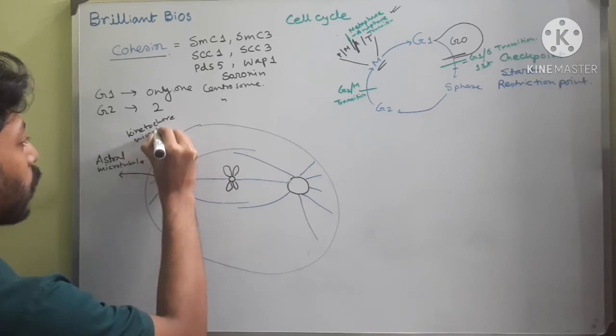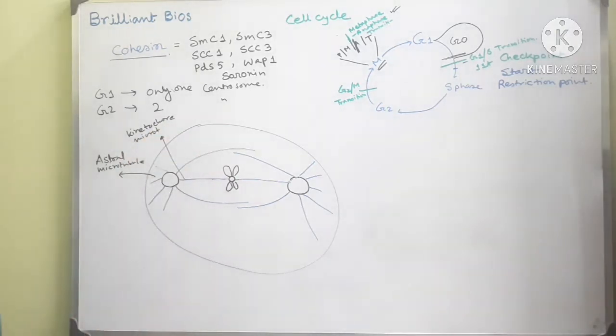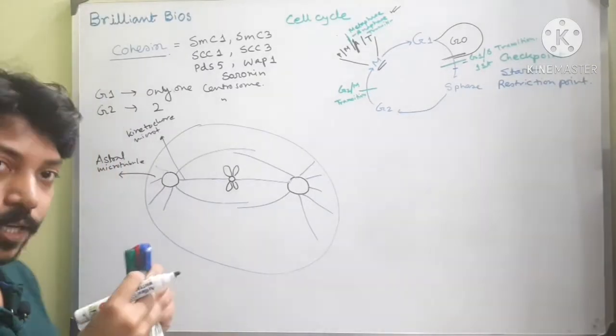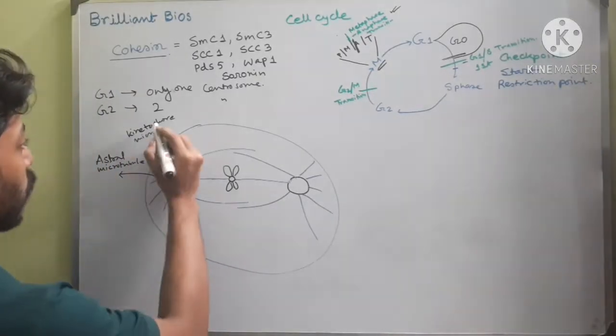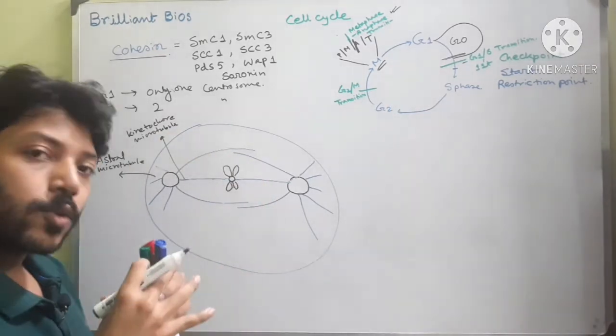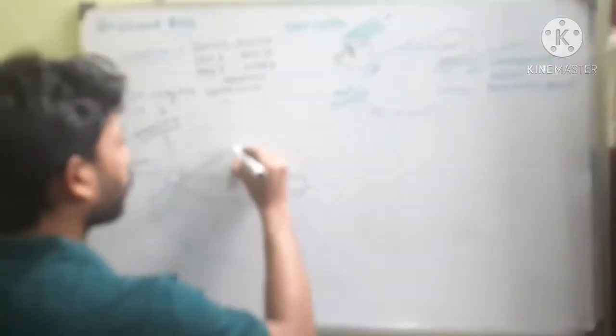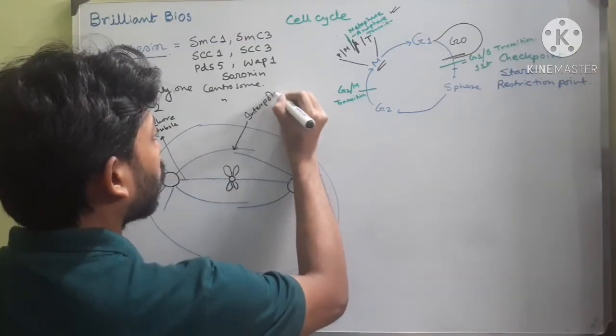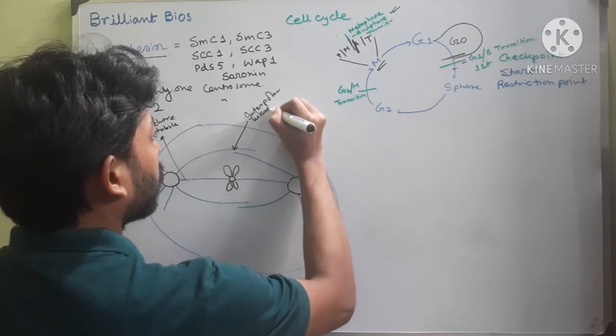Why is it called kinetochore microtubule? Because in the chromosome there is the kinetochore, a protein complex that actually attaches with the microtubule. And those that do not attach with the chromosome are called interpolar microtubule. Okay.